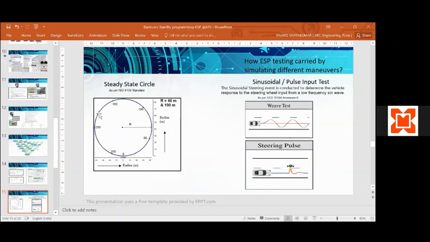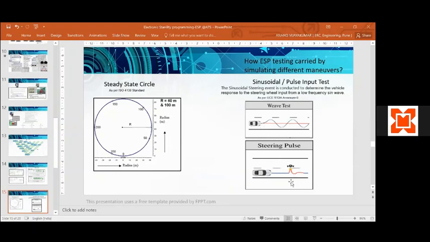The vehicle will be driven in a defined radius of circle, to see at what point the vehicle loses its stability. Another test is the sinusoidal and pulse input test. A steering input is given by the driver, and he checks whether the vehicle is susceptible to that event or not.